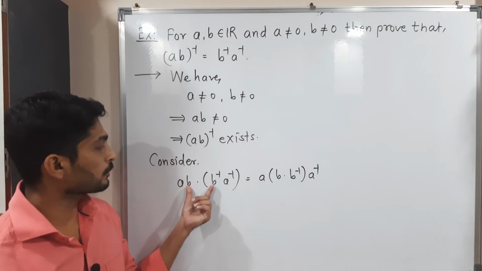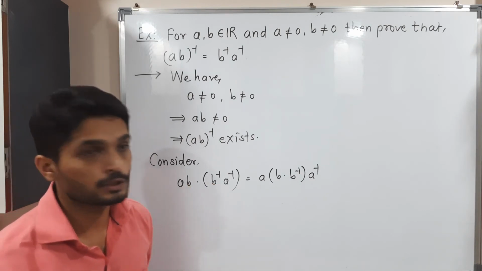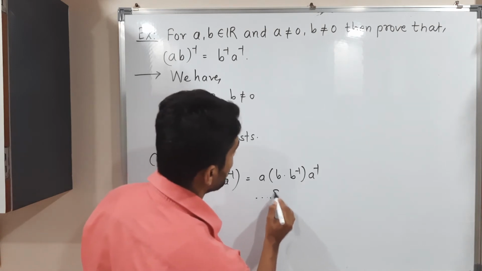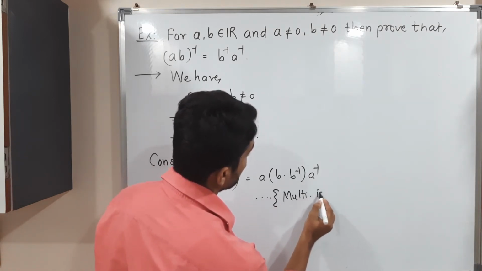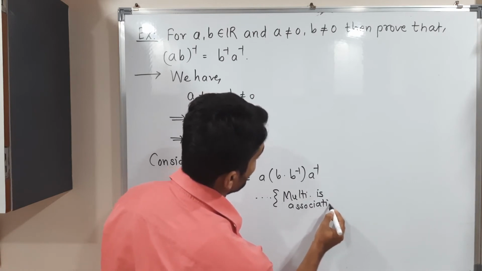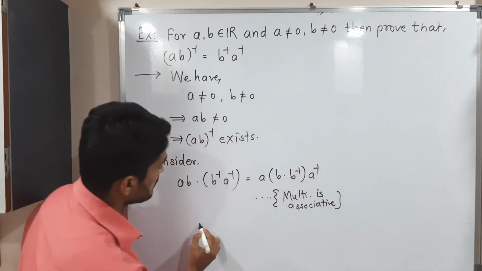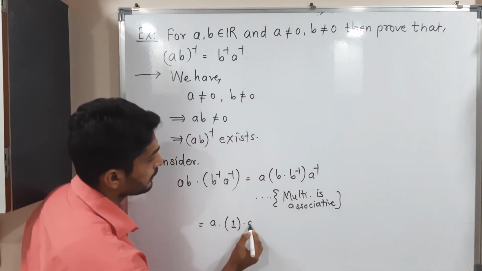I can take the product of b and b inverse first. This is possible because multiplication is associative. See, this is equal to a into 1.